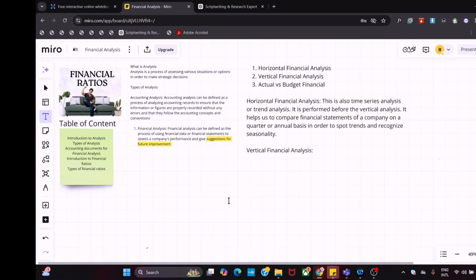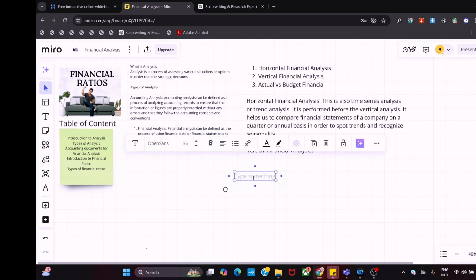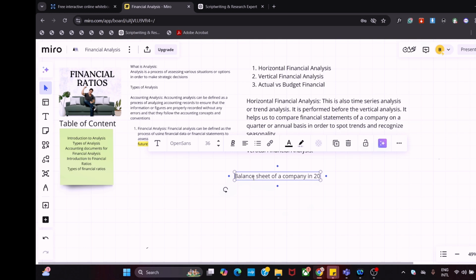Let me just get the text box here. Let's say, for example, we are working with the balance sheet of a company in 2020. Let's say their total assets was 1,014,500.